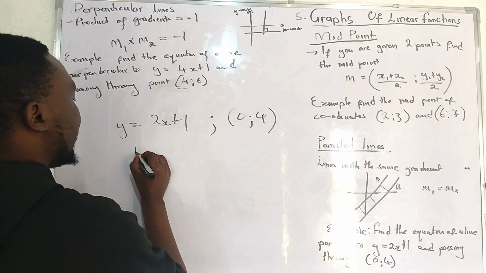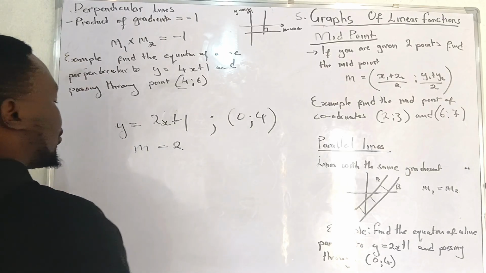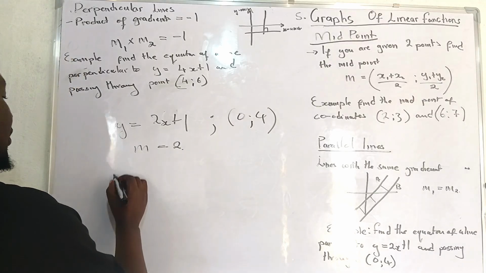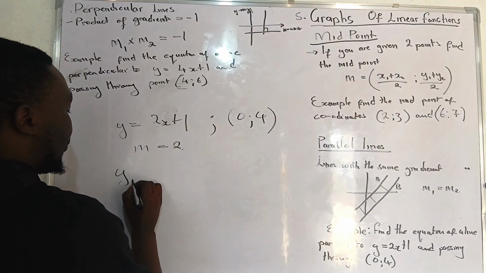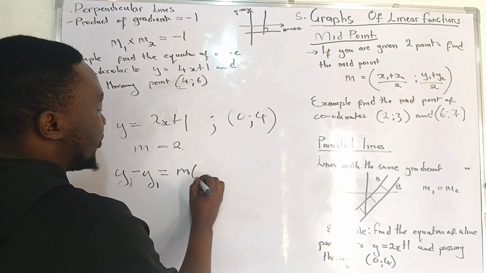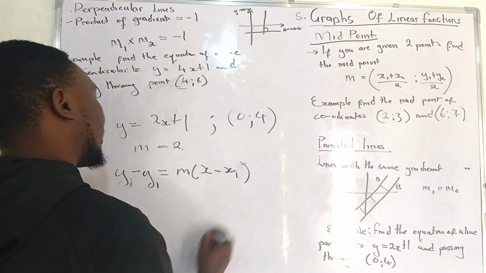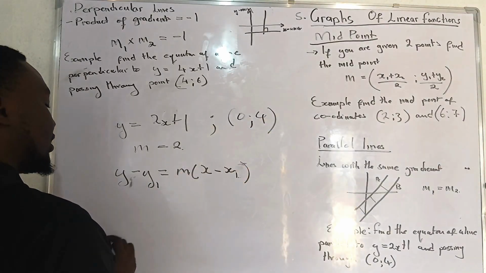So we already have m, which we can take from the line parallel to it, which is 2. So we write our equation for a line: y minus y1 is equals to m times x minus x1. We already have a point.